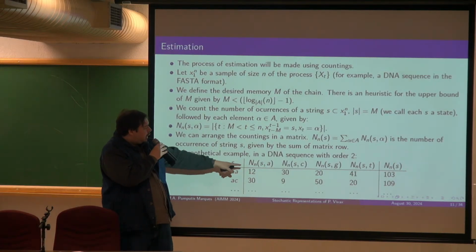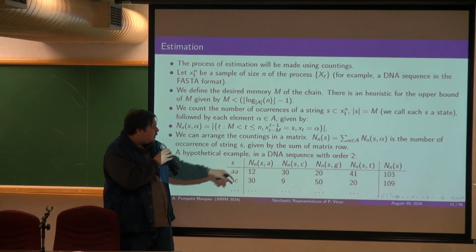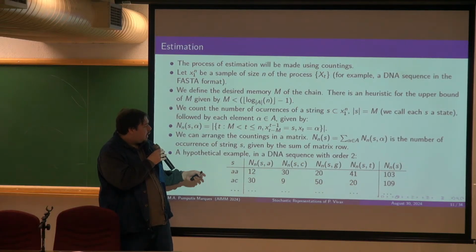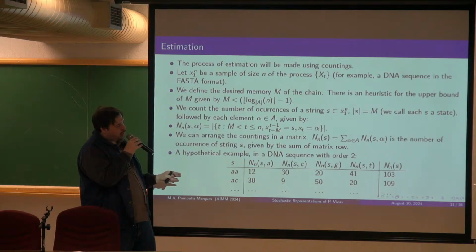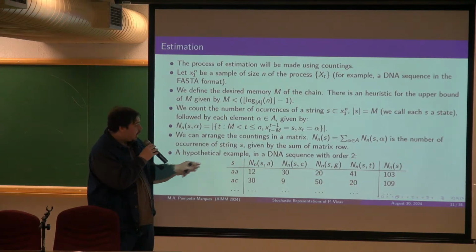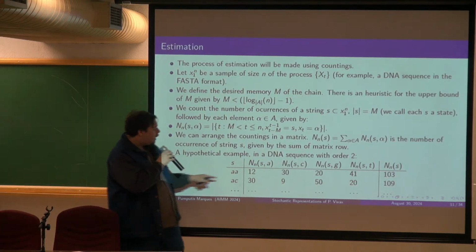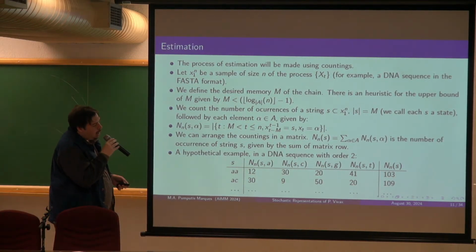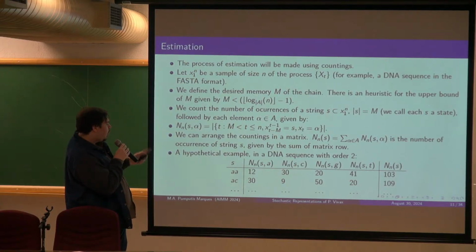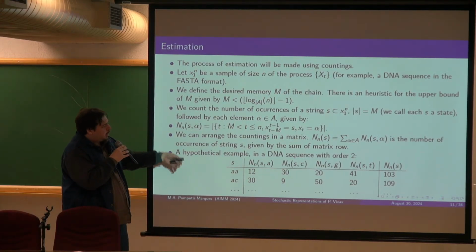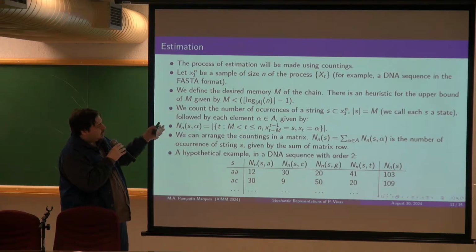Then we will have a counting for AA followed by C, which would be AAC, and so forth, right? And for every possible string in that order, we have these countings, right? And we can add up all the elements in the line and find how many times that string occurs, right? So this is a hypothetical example to explain exactly how these countings are made.